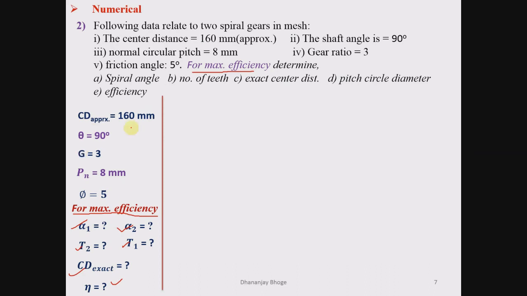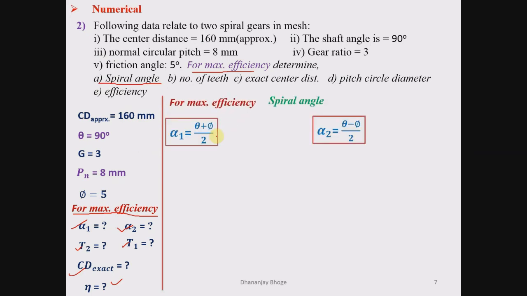For maximum efficiency, we need to find out the spiral angles. Theta plus phi/2, theta minus phi/2. Yes, correct. Alpha 1 is theta plus phi/2 and alpha 2 is theta minus phi/2.